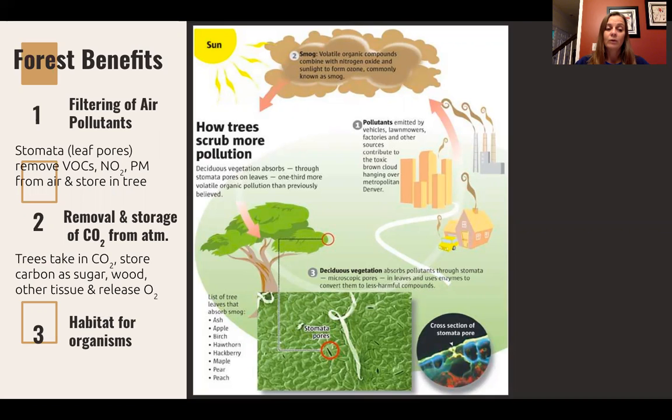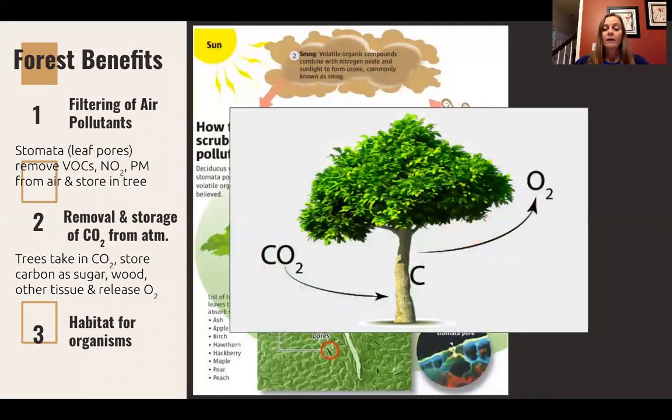And they store that carbon dioxide. They also release oxygen, which is important to all of the other living organisms. And here's a picture of our process. Carbon dioxide comes in, carbon gets stored in the tree, oxygen comes out.